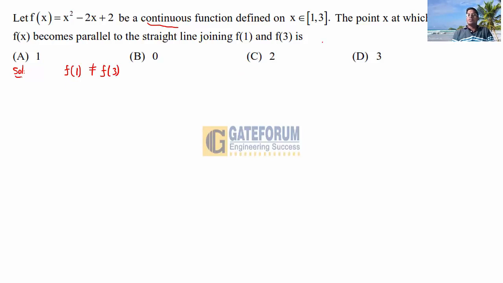So the tangent parallel to the straight line joining f(1) and f(3). This is the geometrical interpretation of Lagrange's mean value theorem.